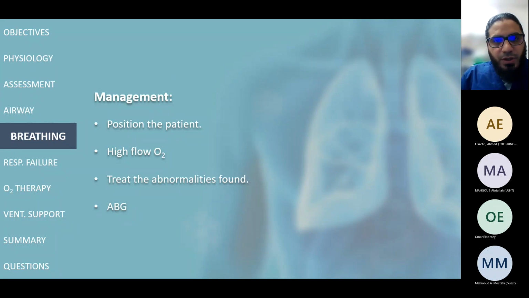The management for a patient who's having a breathing problem, these are simple measures that you can start with. Position the patient upright in bed. This will ease the pressure on the diaphragm. As everybody knows, the most important muscles of breathing are the diaphragm and the intercostal muscles.